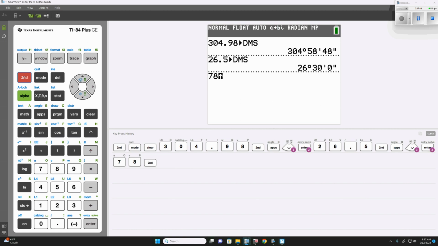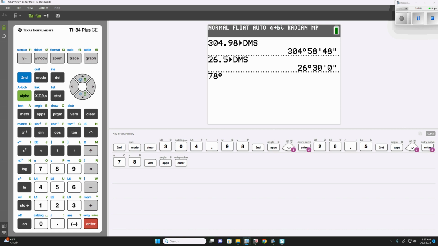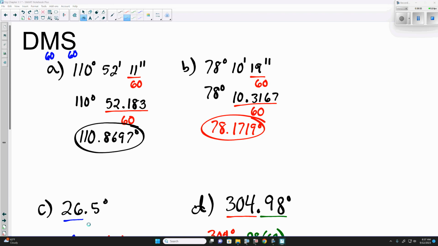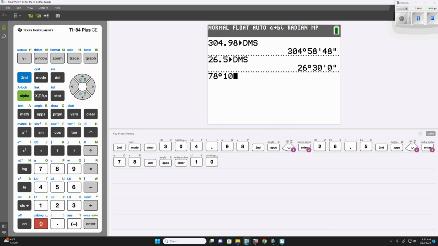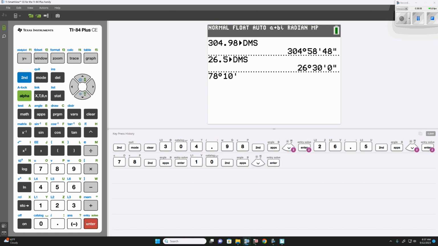Now, if you're wondering, yes, we can actually type this in. So 78, if we go second apps, the first one's our degree marker, because we had 78 degrees. 10 minutes, second apps, one down is minutes. 19.